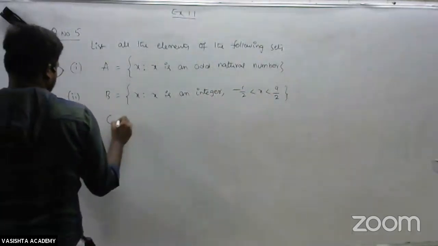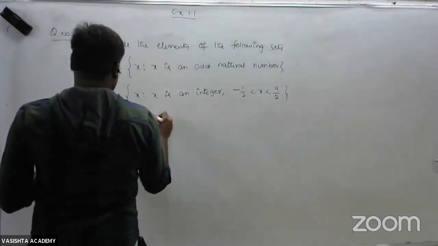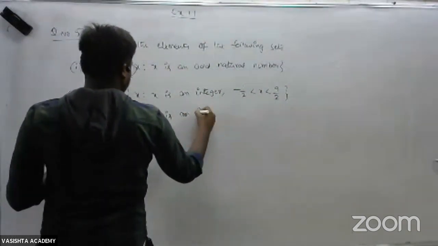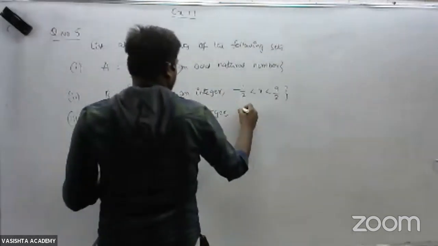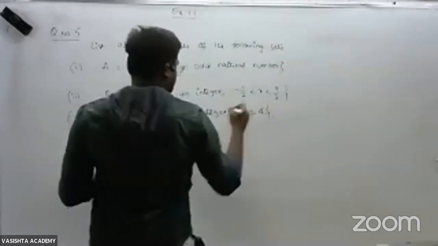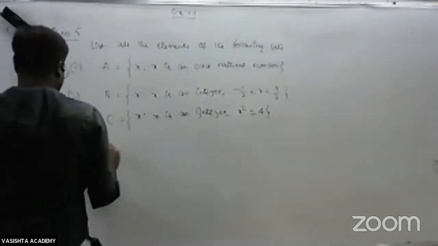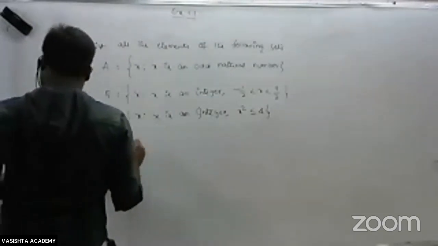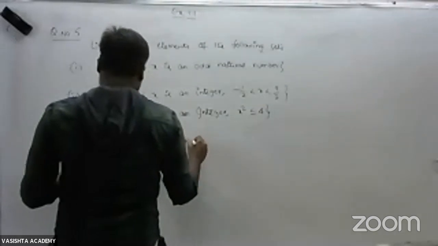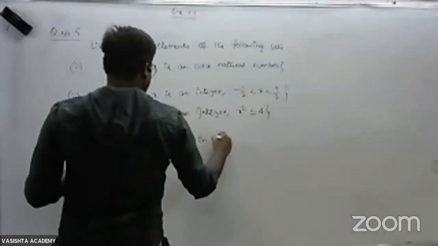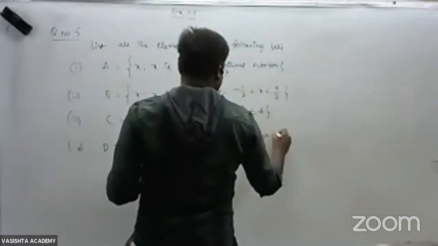Third one, C equal to {x such that x is an integer and x square is less than or equal to 4}. Fourth one, D equal to {x such that x is a letter in the word loyal}.